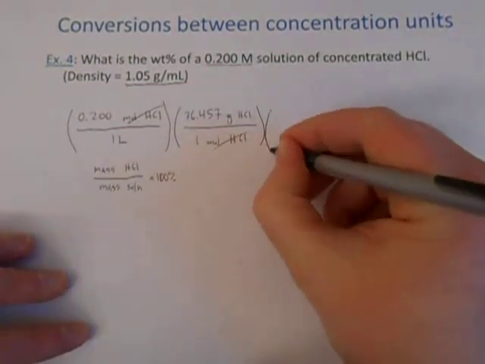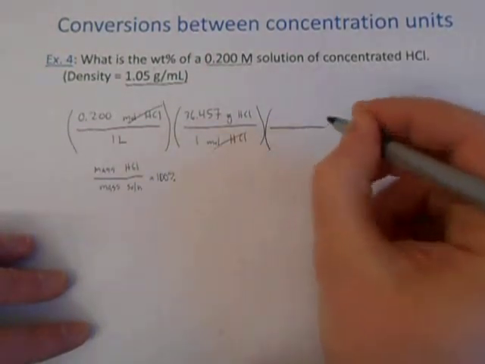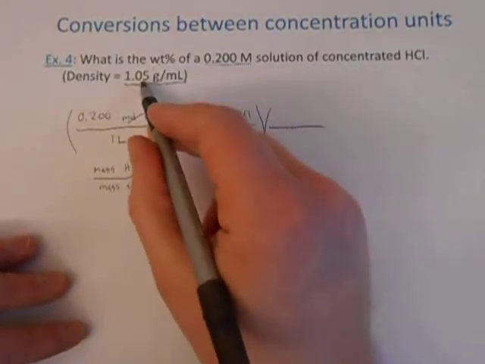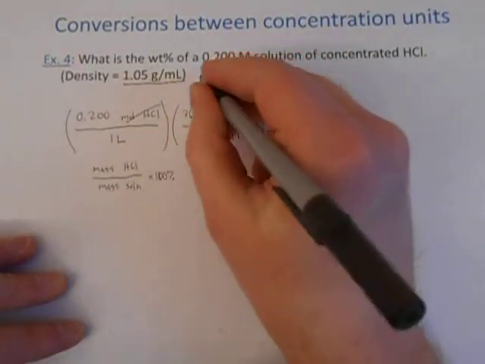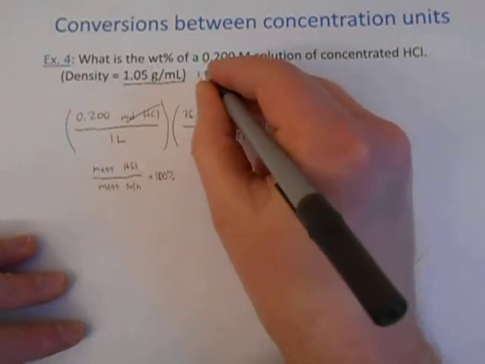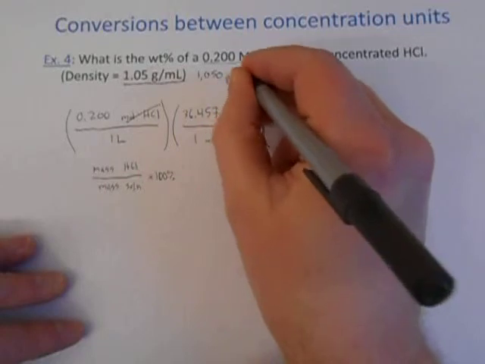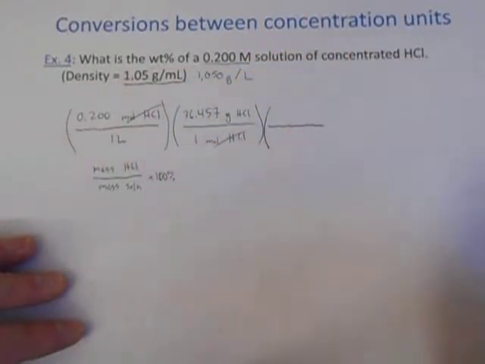And so again, here we're dealing with liters. So if there's 1.05 grams per milliliter, if we multiply both by 1,000, that would be 1,050 grams per liter.